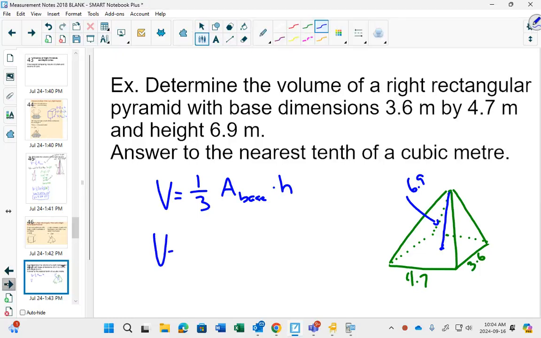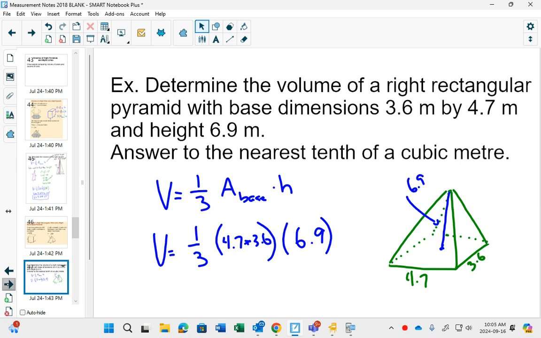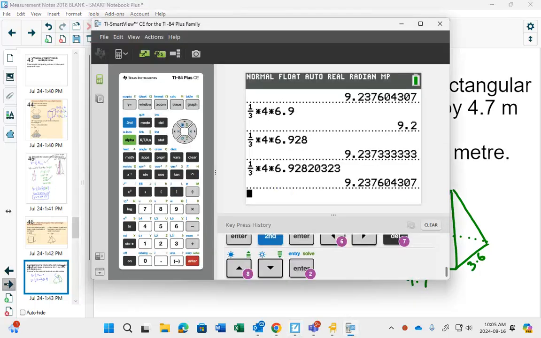So now you can type in 1/3 area of the base. Well, that's length times width, so that will be our 4.7 times 3.6. And then our height is 6.9. Now, if you have a scientific calculator or a graphing calculator, it is really important that we type in all of these things all at once.